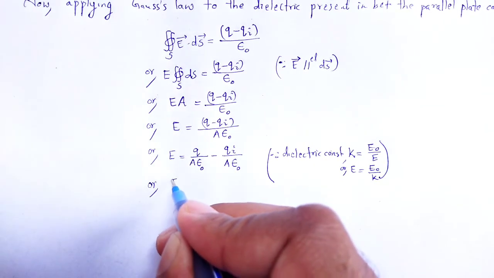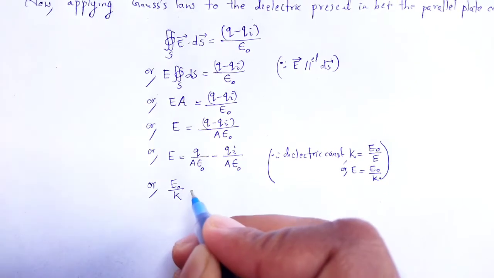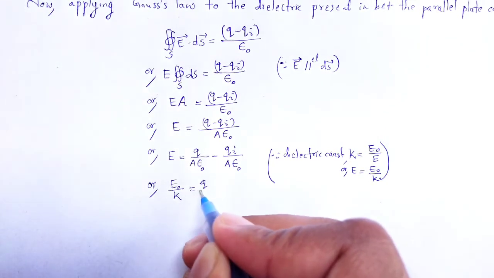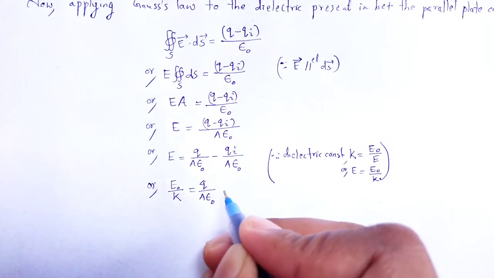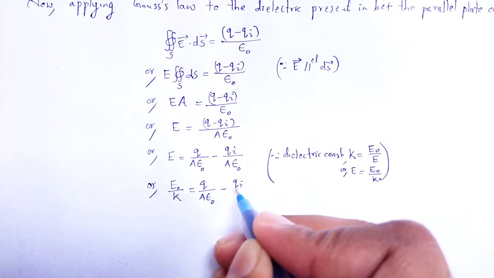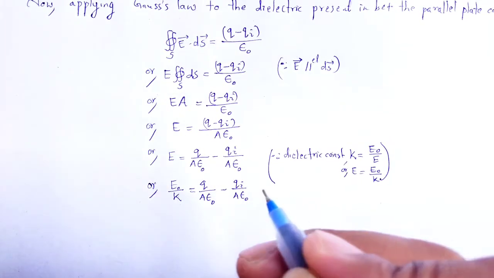In place of E, E naught by K is equal to Q divided by A epsilon naught minus Qi divided by A epsilon naught.